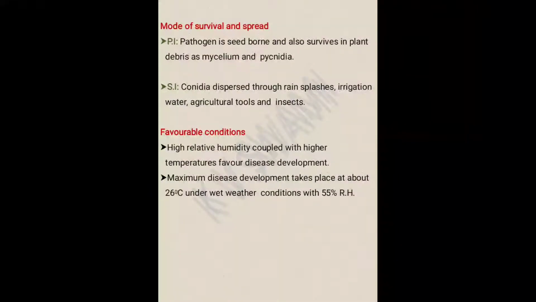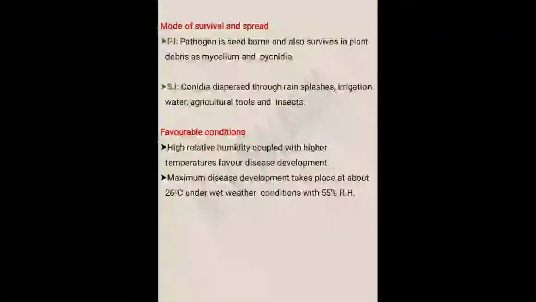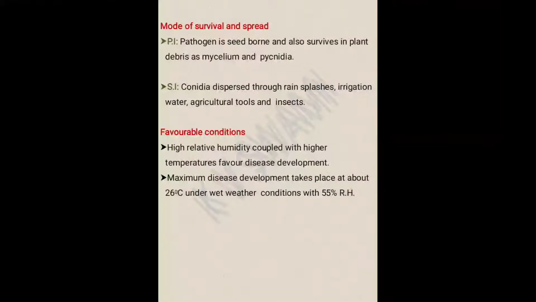The favorable conditions for the disease development are high relative humidity coupled with higher temperature. Maximum disease development takes place at about 26 degrees Celsius under wet weather conditions with 55% relative humidity.